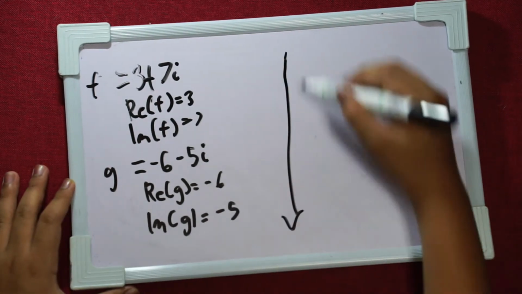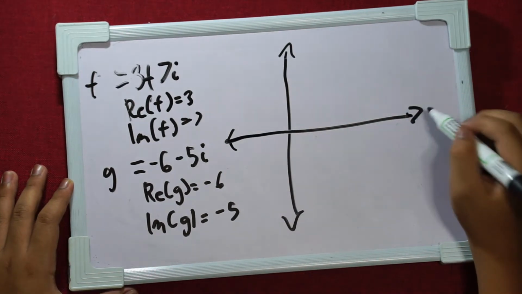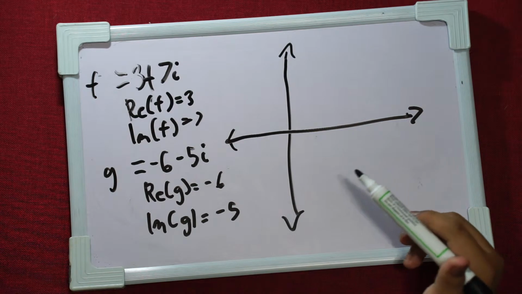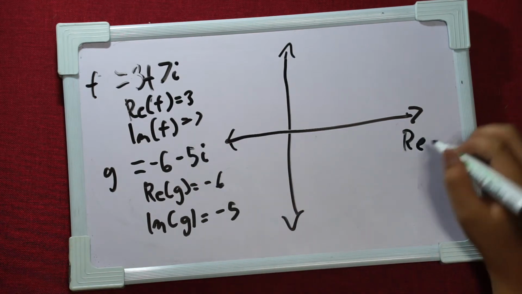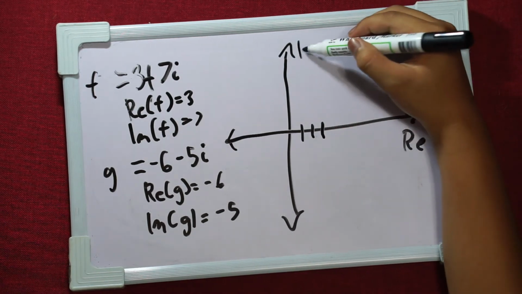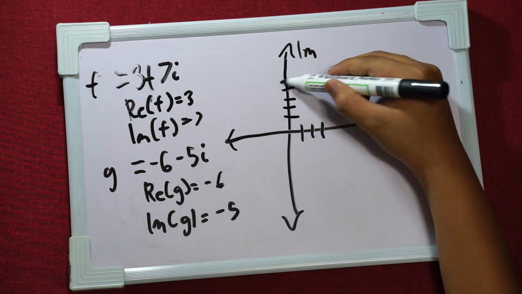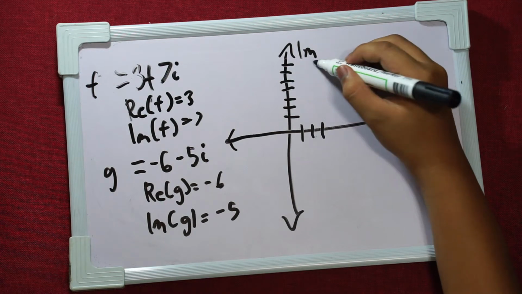So we are going to plot this on a complex plane. We'll start with f. The real part is 3. So this is the real part. 1, 2, 3. This is the imaginary part. 7. 1, 2, 3, 4, 5, 6, 7. It would be here.